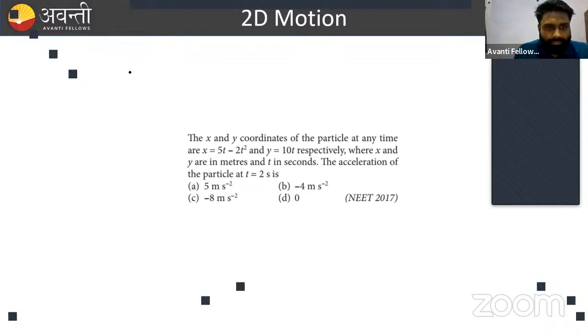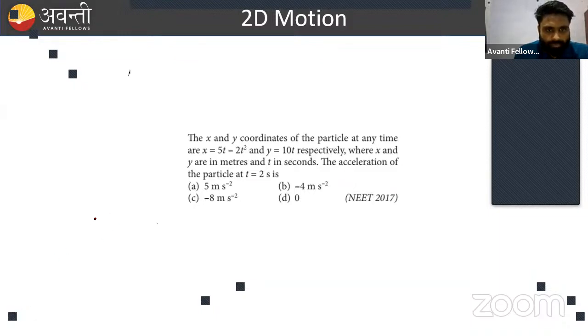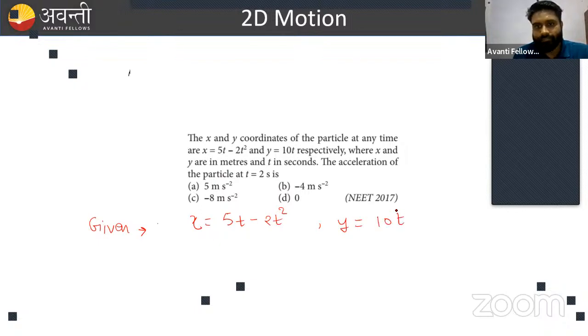So firstly, what are we given? I just changed the color of the ink. Firstly, we'll write what is given to us. We have x is equal to 5t minus 2t square and y is equal to 10t.